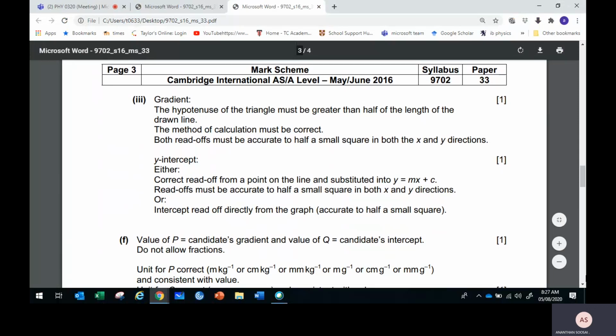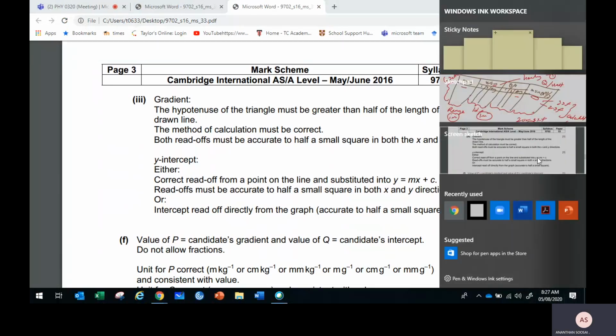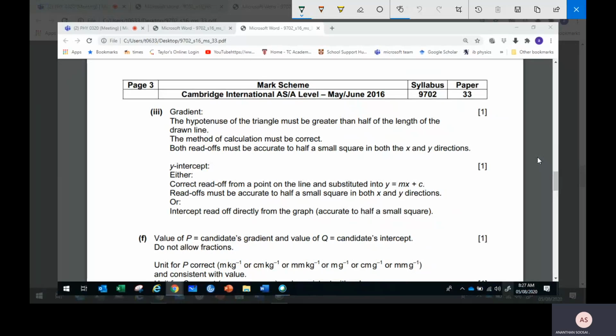Make sure the triangle is large: the hypotenuse of the triangle must be greater than half of the length of the drawn line. Draw the triangle in your graph. Which 2 points do you take to find the coordinates? Make sure these coordinates are at least half of the entire line.